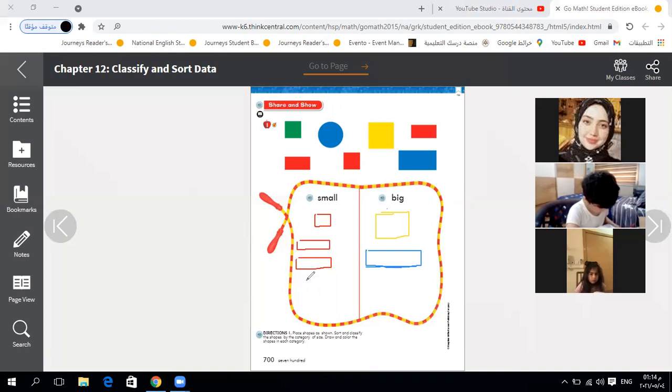So the green square is also a small one, okay? So we have three squares, the green and red are small, and the only big one is yellow.